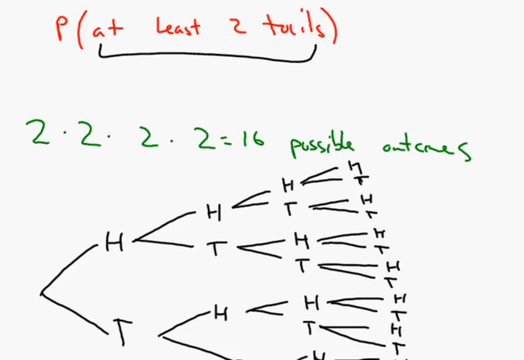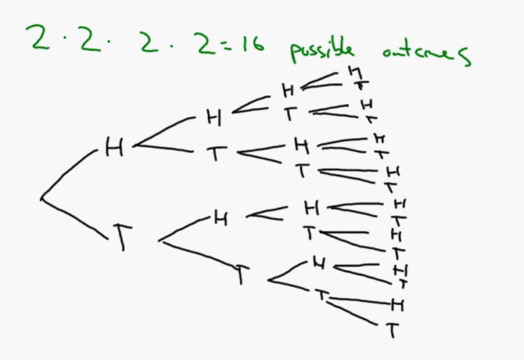So if you want, you can start to write out the sample space. If we follow this first branch all the way up, we have heads, heads, heads, heads. Okay? That would not be considered a success because we wanted the probability of at least 2 tails. Right? Suppose you went this way. You'd have heads, heads, heads, tails. And you just kind of walk through the tree to get your answers.